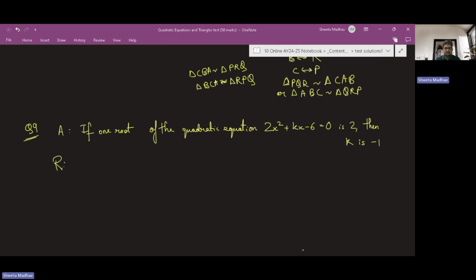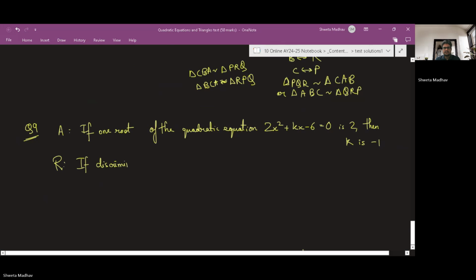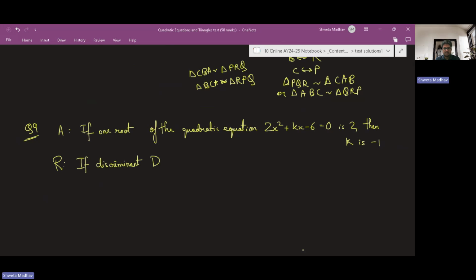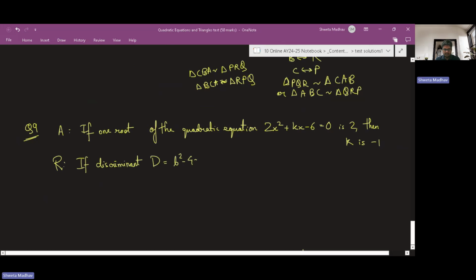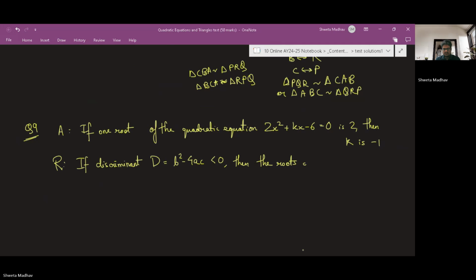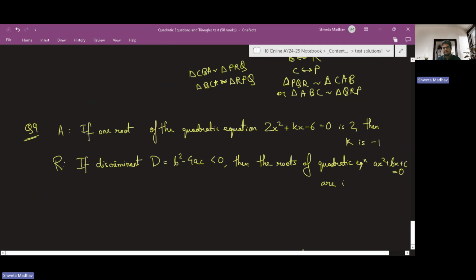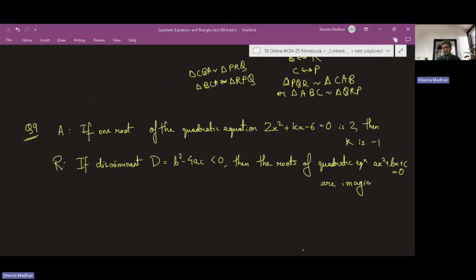And the reason is, if the discriminant D equals b square minus 4ac is less than 0, then the roots of the quadratic equation ax square plus bx plus c equal to 0 are not real.